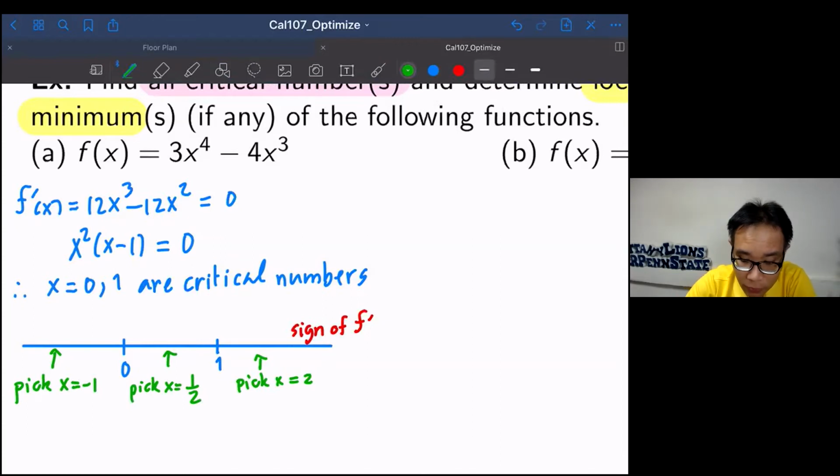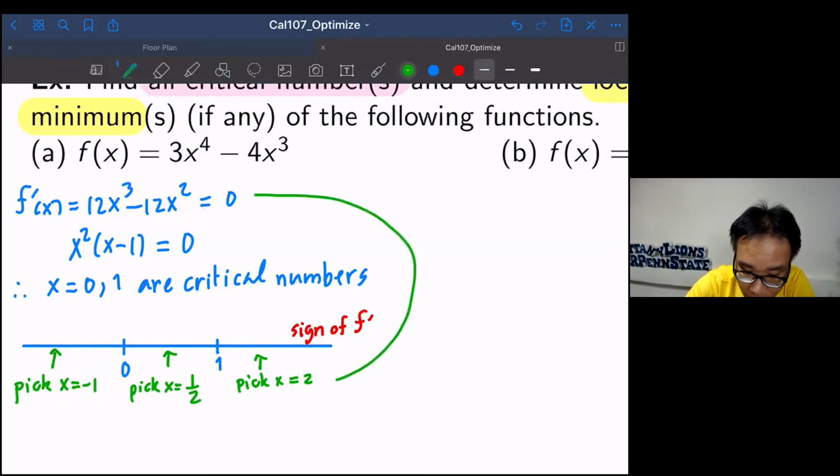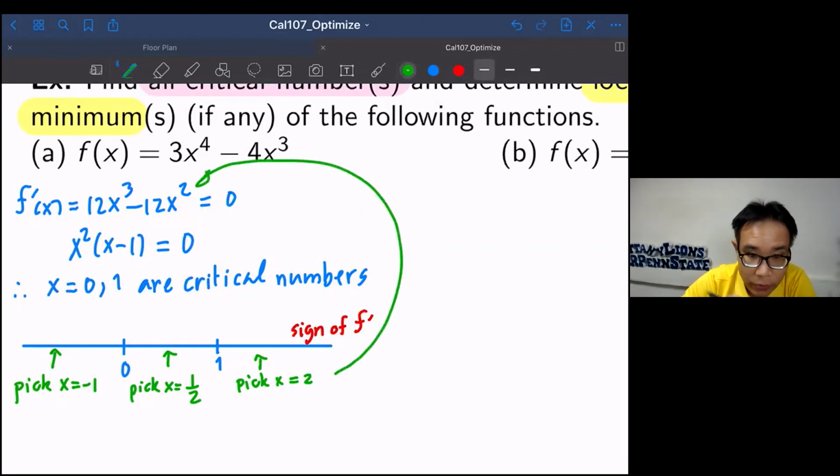When you pick x equal to 2, we plug it into the derivative of the function. So we plug it here. When you have x equal to 2, you get 12 times 8 minus 12 times 4, so the sign will be positive for f prime.